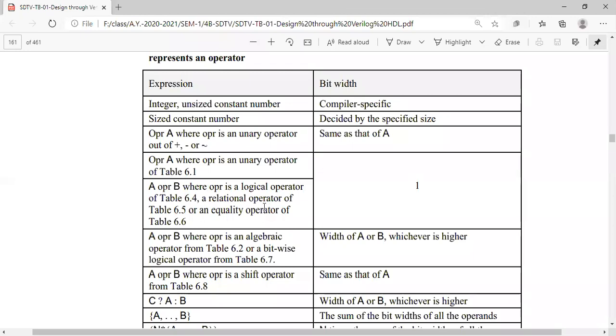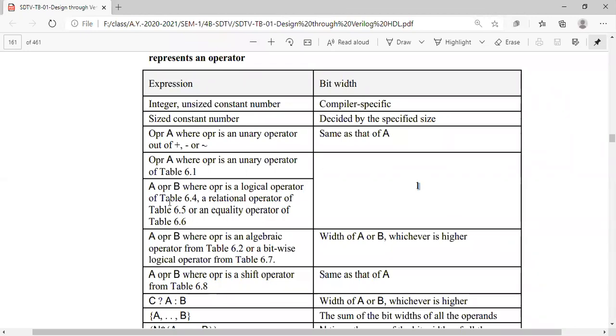So its bit widths are given here. If it is a single bit, automatically it will have one bit, right? A operator B, where the operator is a logical operator, relational operator, equality operator, whatever it may be. A operator B, that means A and B is bitwise and, right? 0, 0 will have an output of 0 only, and otherwise it will be 1.